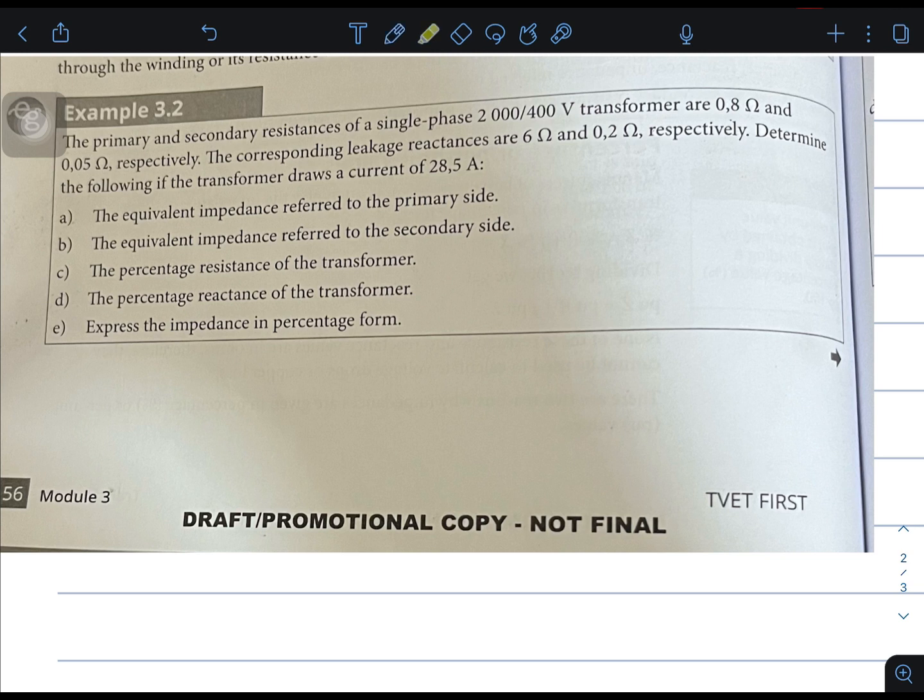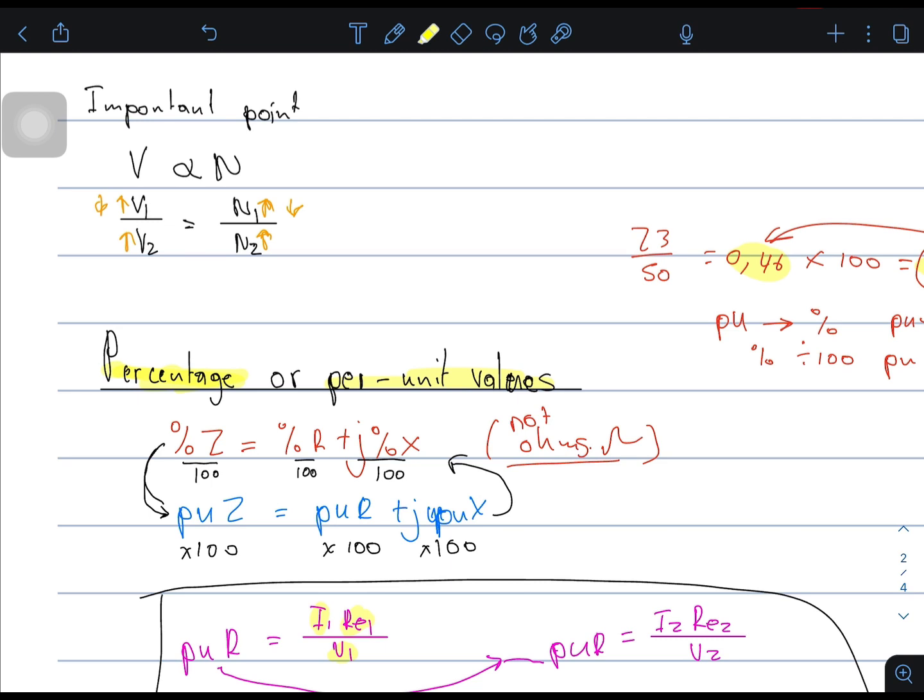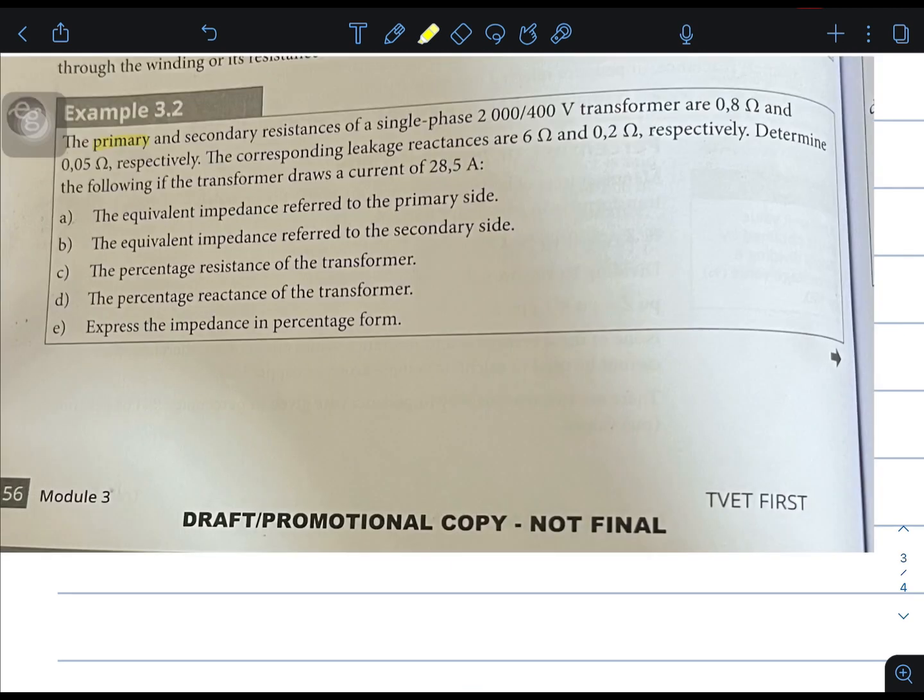The primary and secondary resistances of a single phase transformer, which is, that means a primary of 2000 volts, secondary of 400 volts. That means this transformer is basically a step down transformer.